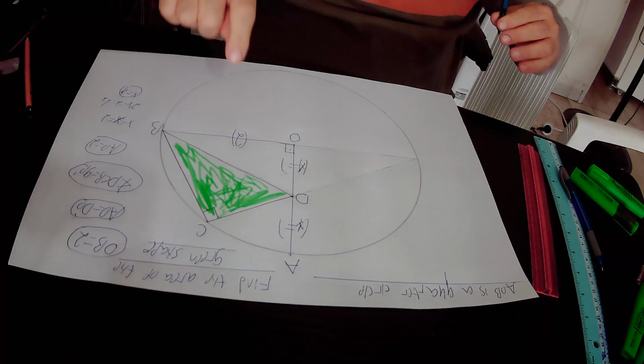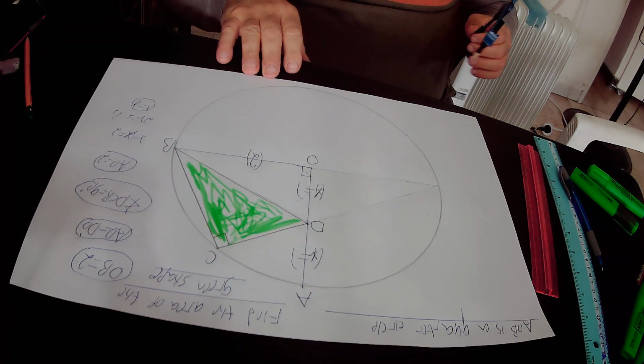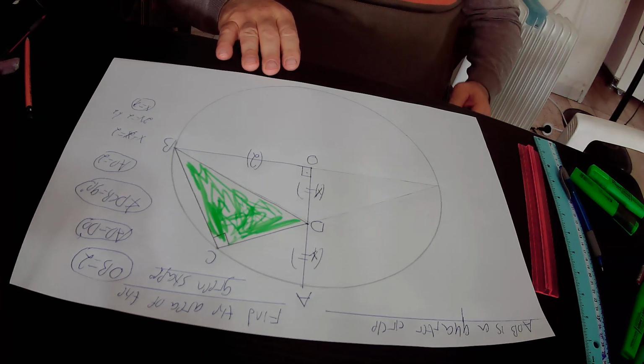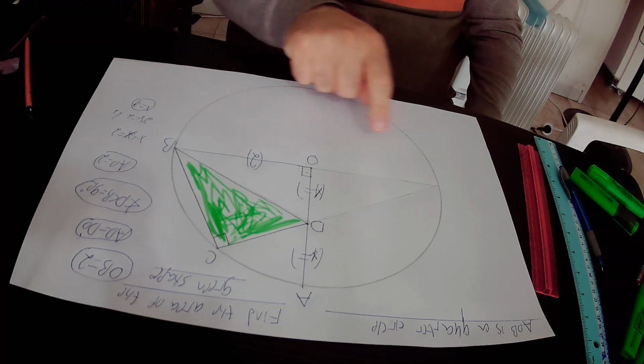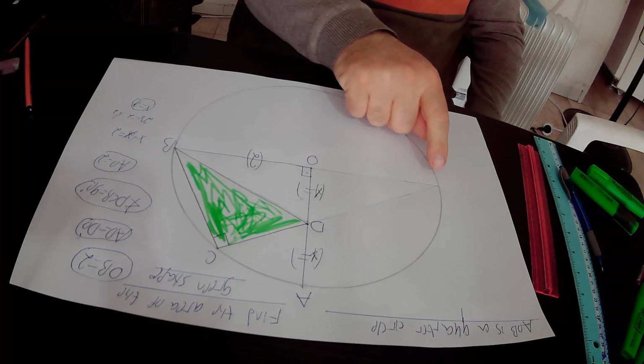We actually completed this quarter circle to a circle. In the next step, we'll extend the radius BO by a straight line until it touches the circle at this point.